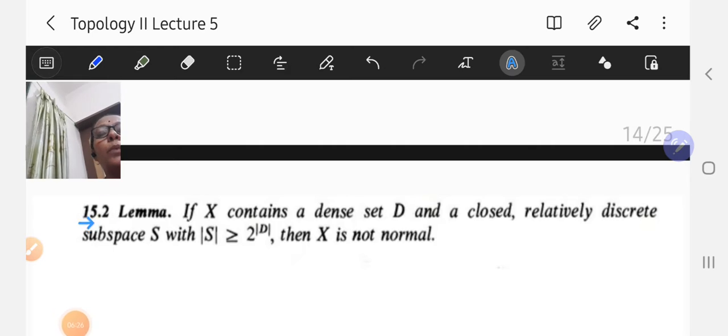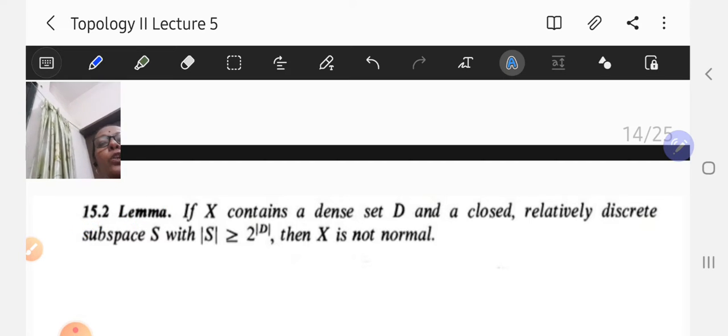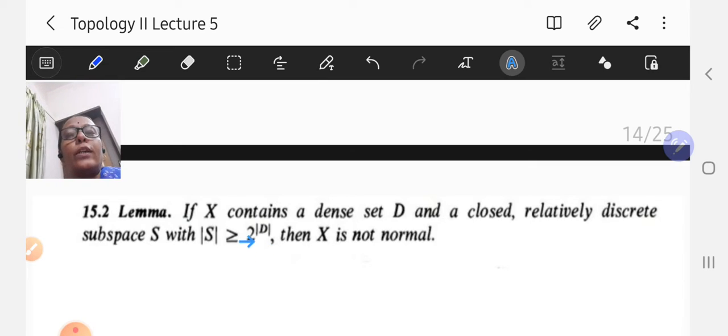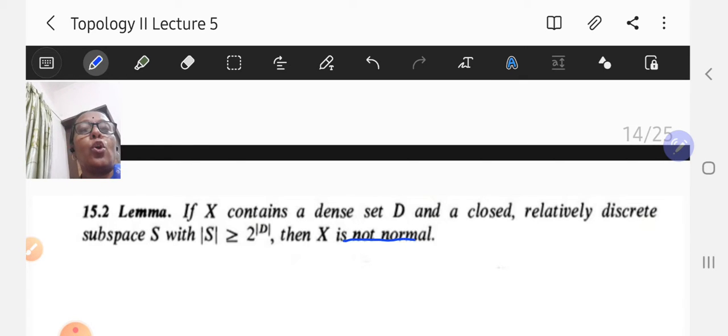Now, lemma 15.1 was the definition of normal space and T4 space. Now 15.2, there is a lemma, that is, if X contains a dense set D and X contains a closed relatively discrete subspace S with cardinality of S greater than or equal to 2 raised to cardinality of D, then X is not normal. Here the result is X is not normal.